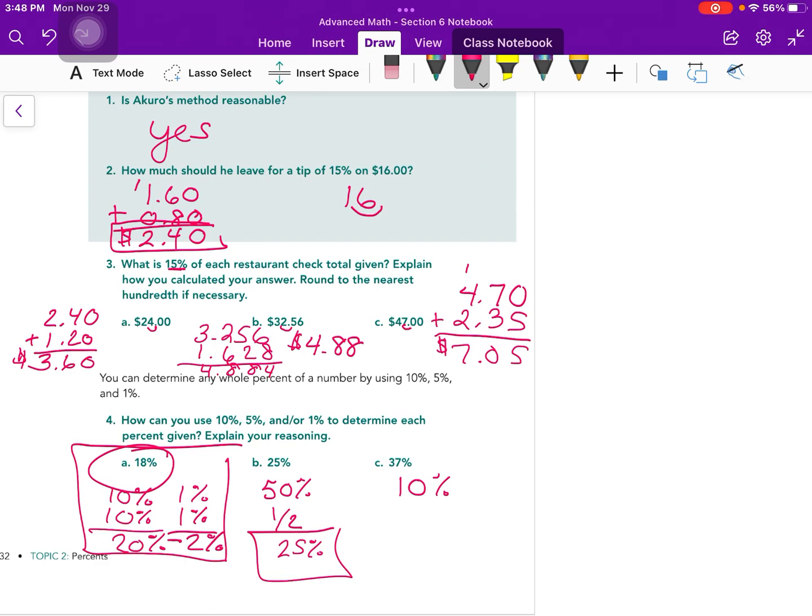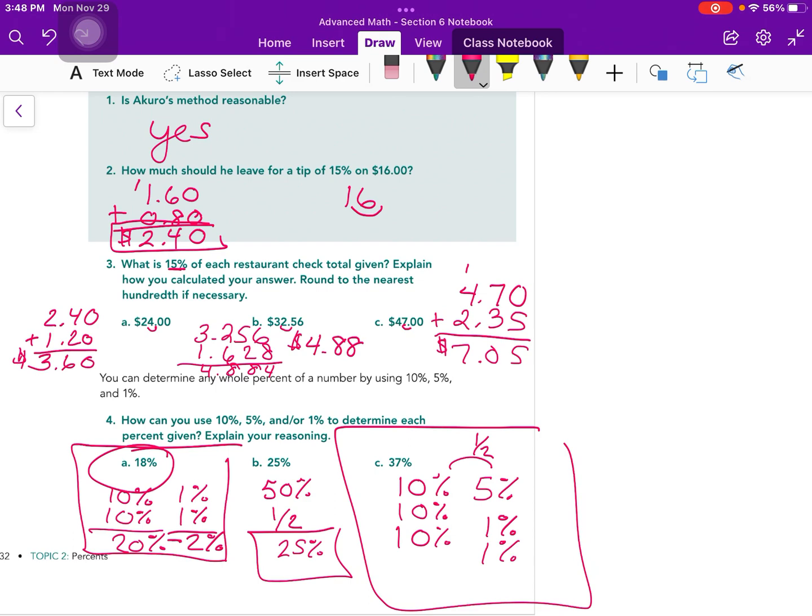I could do that 3 times. With the 7%, I could do 5% by taking half of the 10. Figure what that is. That's 35. And then I could do 1% and 1%. And I could add them all together.